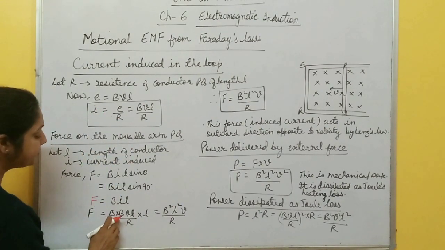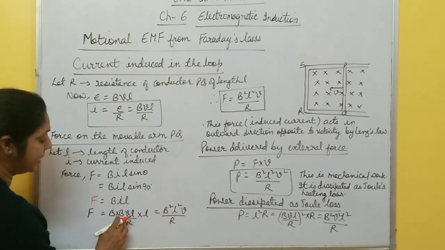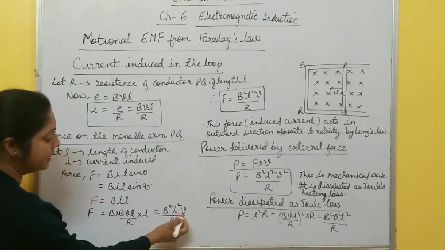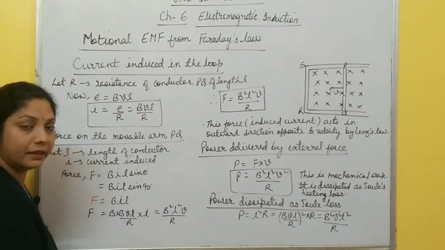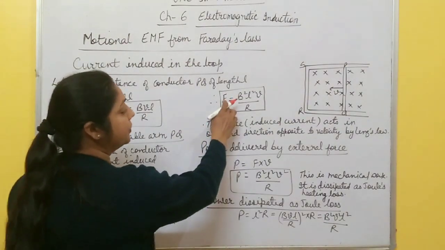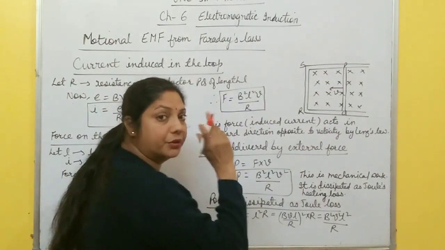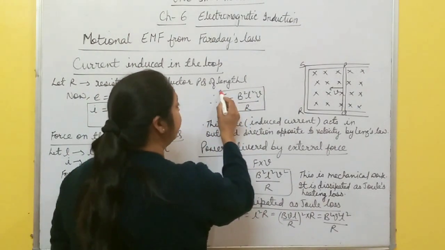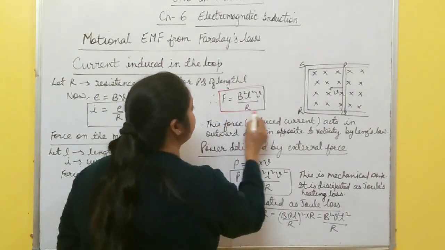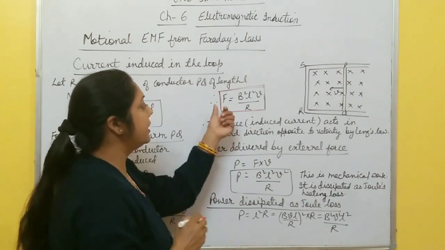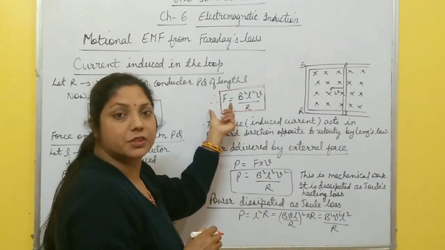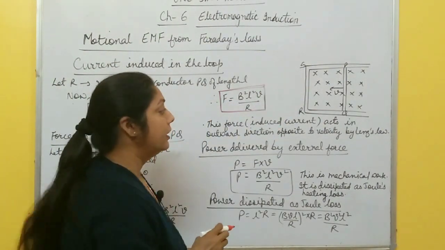Now you put the value of I from the earlier equation. F equal to B into I, which is BVL by R, into L, giving B square L square V by R. This is the force acting on the arm PQ due to the induced current. F equal to B square L square V by R. And what is the direction of this force produced due to the induced current?